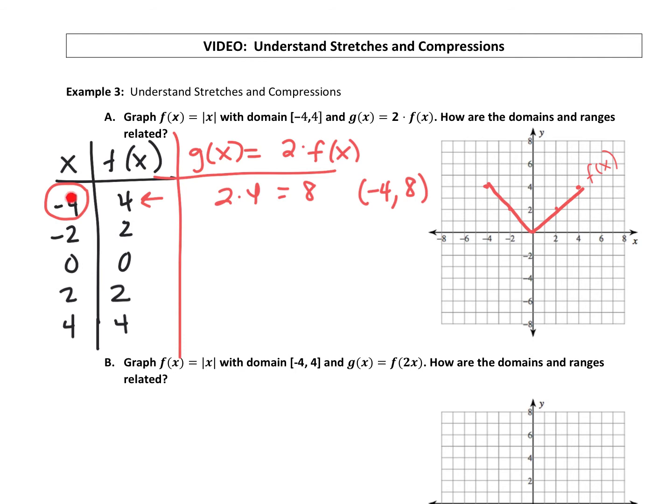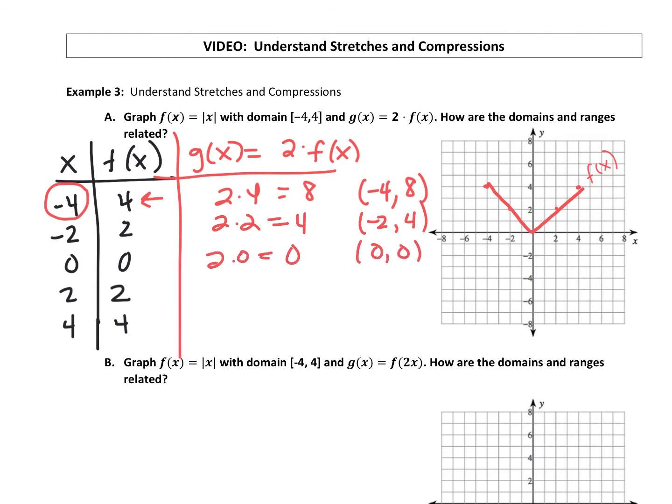So these x's are the same x's we're using. They're telling us to get the g of x value to take 2 times what we got for f of x, which was these values. So I'm just multiplying these by 2. We're going to do 2 times 2 to get 4. So we have the ordered pair -2, 4. 2 times 0 to get 0.